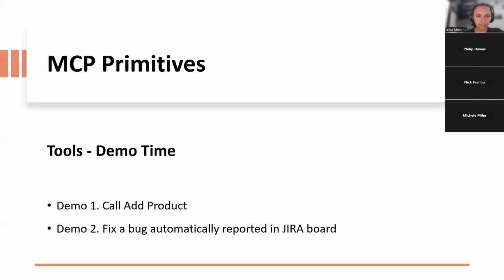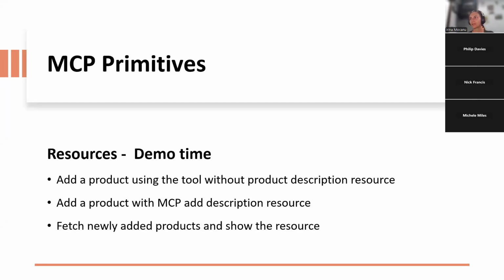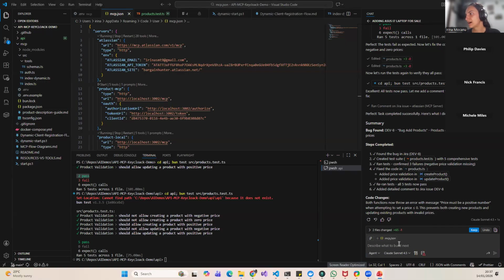The next part is resources. Okay, now we've just added a product without any additional resources. Now let's see what happens when we include resources. It took me a while to get my head around the difference between an MCP tool and an MCP resource. The way to think of it: an MCP tool provides AI a way of doing an action, while an MCP resource gives files to an AI.